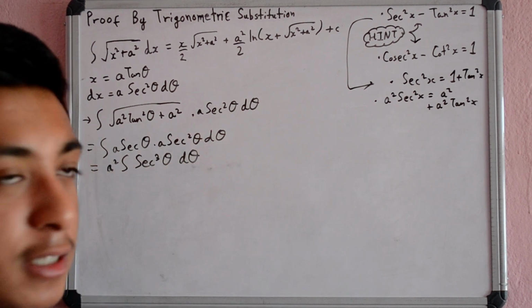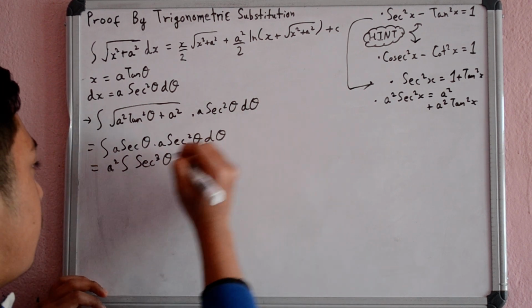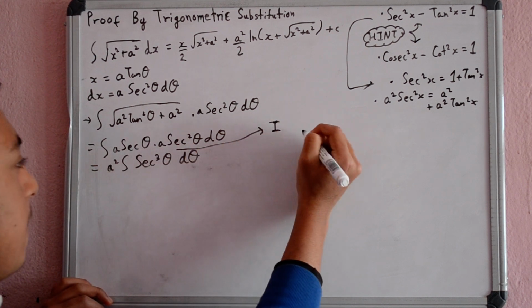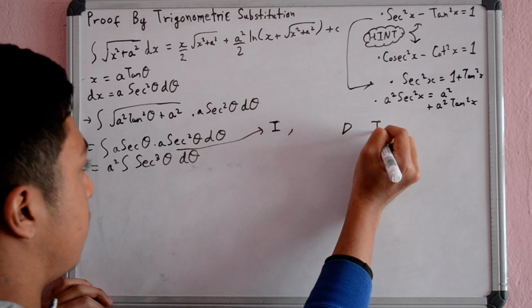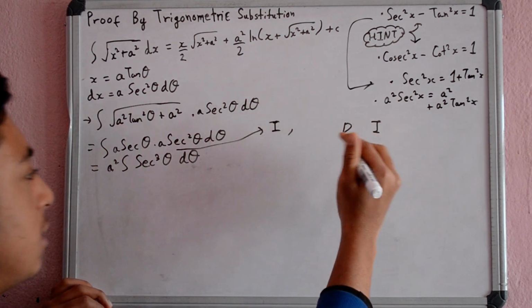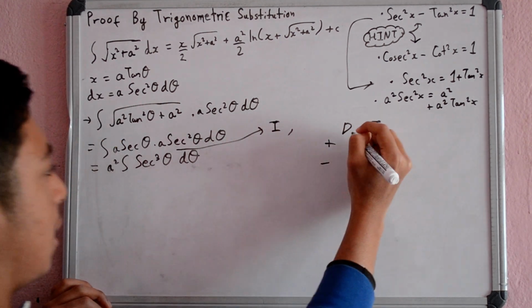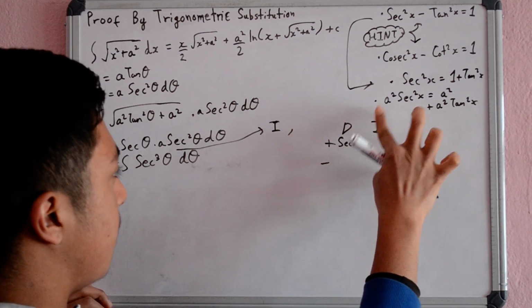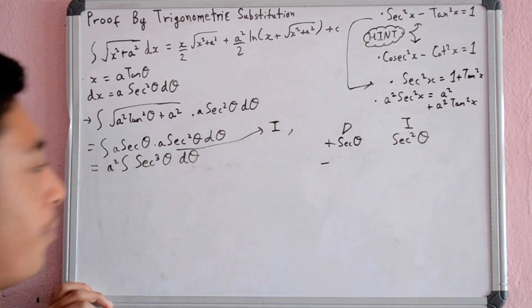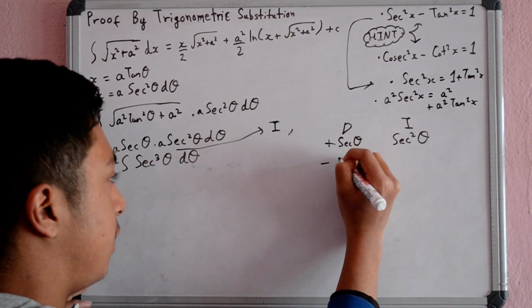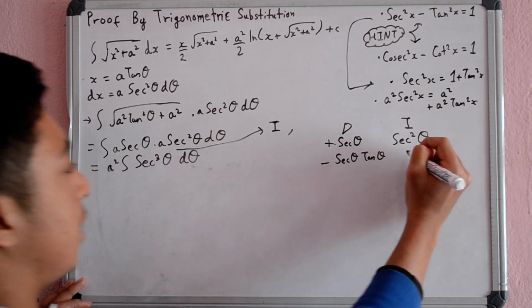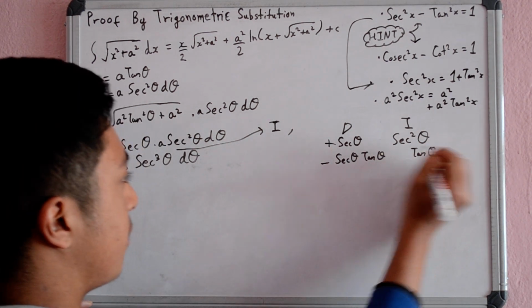Now, I will show you how to do the integration for sec cube theta. Let this be I, and we're going to use the DI method. These I's are different. This is the notation for integration. Now I'm going to differentiate sec theta, and I'm going to integrate sec square theta. So its derivative is sec theta tan theta, and its integration is just tan theta.